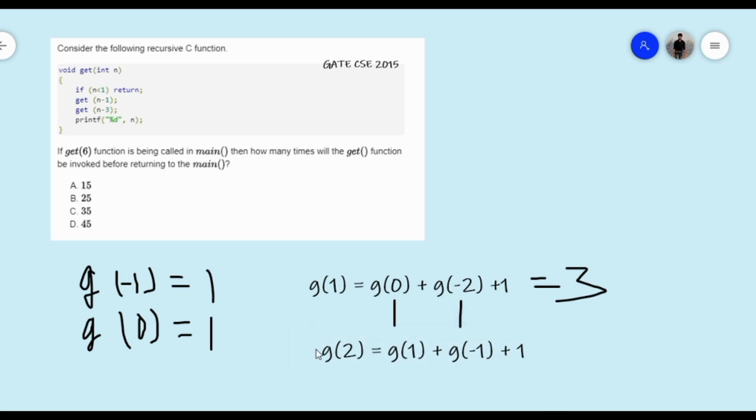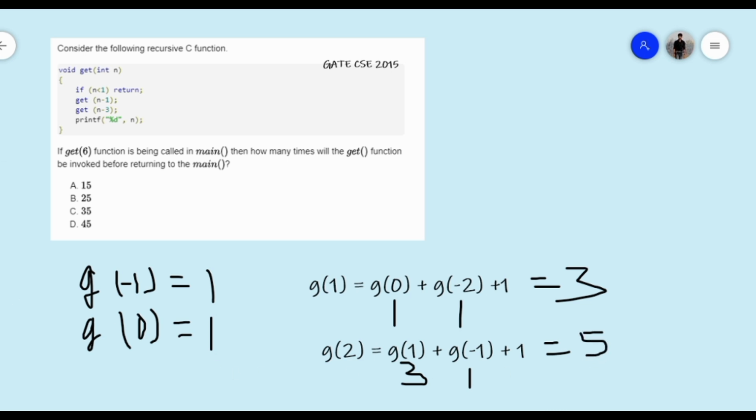For g of 1, 3 times the get function will be invoked, so 3 here, -1 is 1 time, plus 1 already, 3 plus 1 plus 1 equals 5. So for g of 2, the function will be invoked 5 times.